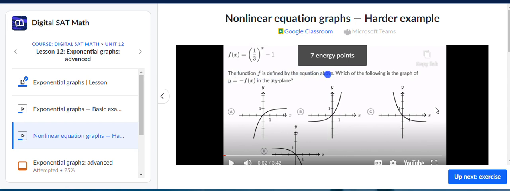Let's see what we get. We get minus 2/3. So since it is minus f(x), it's plus 2/3, which is about 0.667, which is kind of here and here.